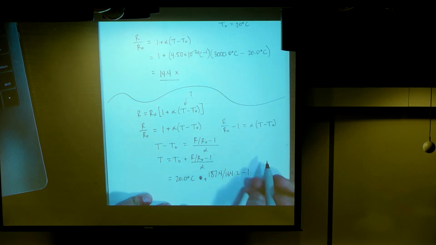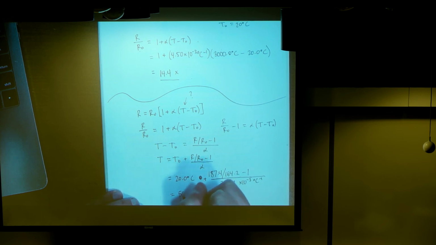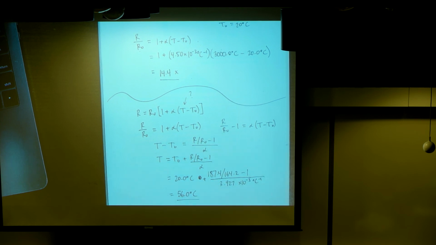So that's R over R naught minus 1, divided by alpha, where alpha is 3.927 times 10 to the minus 3 inverse degrees Celsius. And of course, that becomes degrees Celsius when we divide it out. So what do we get? We get 56 degrees Celsius. You can verify that just by punching these numbers in. Any questions?